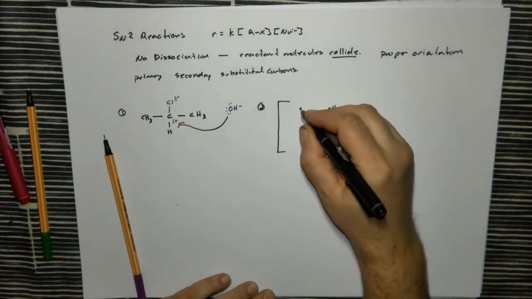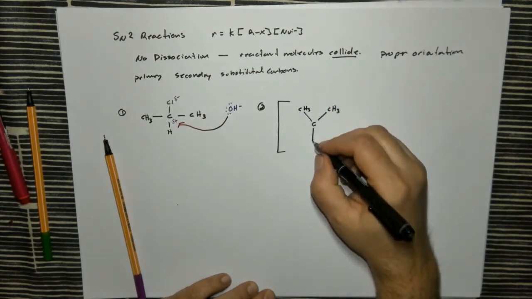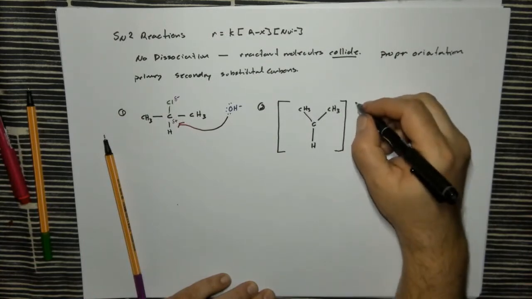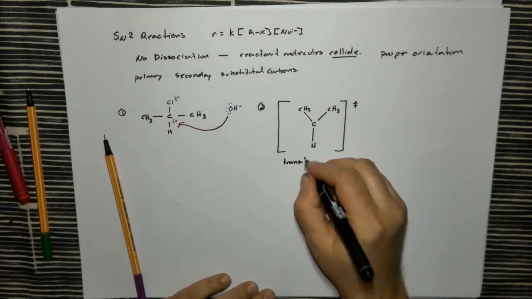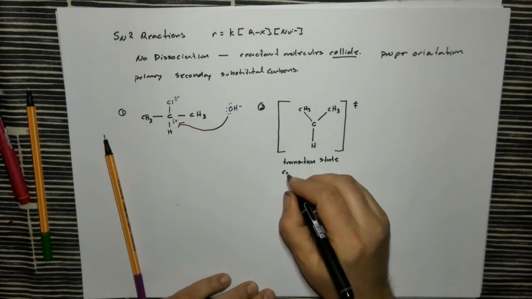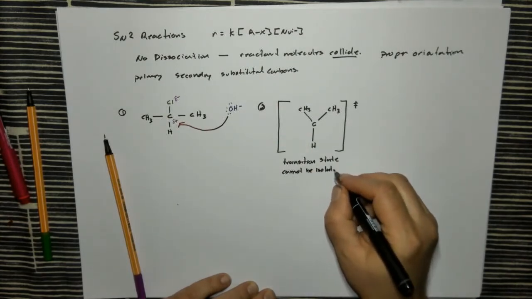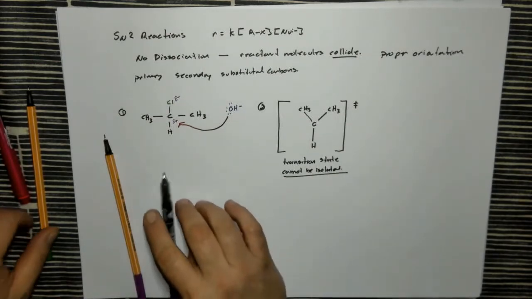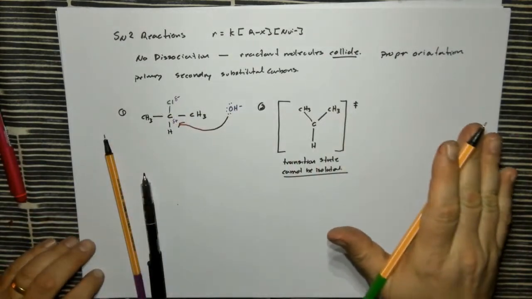But we can be absolutely certain that what I'm going to draw here exists, but it cannot be isolated. So this thing is not a reaction intermediate, but is rather what we call a transition state. And so this cannot be isolated. We only believe that it exists because of what we have before and what we have afterwards.